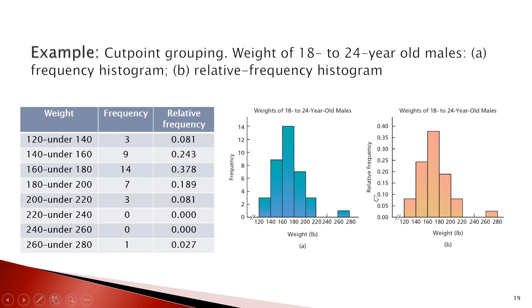For the height, we are using frequency, and in the graph with orange bars, we are using relative frequency for the height of the group. It's very similar to the other two methods when we are drawing histograms.